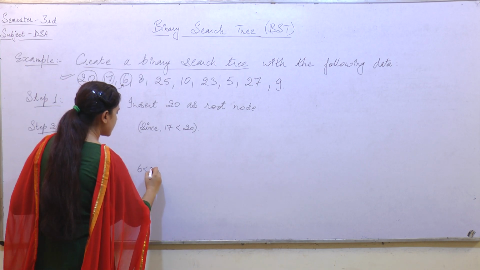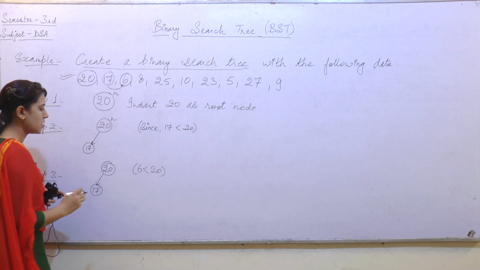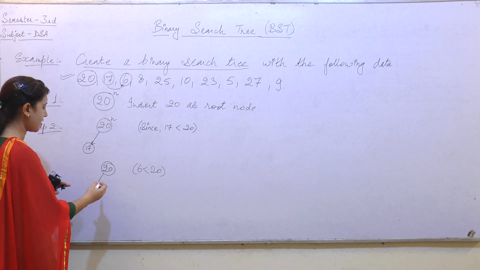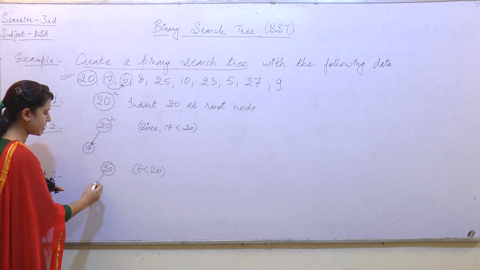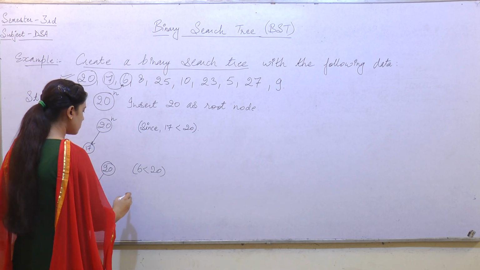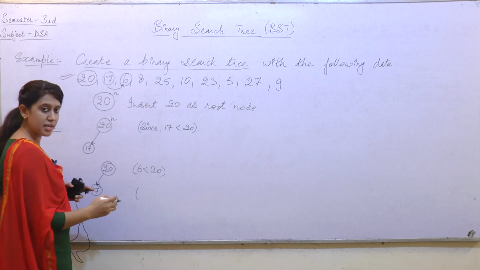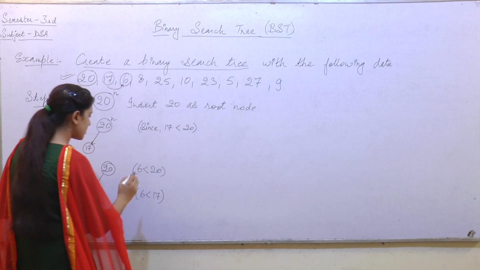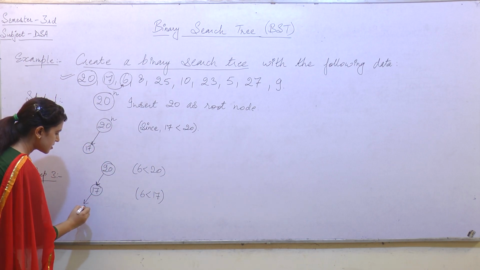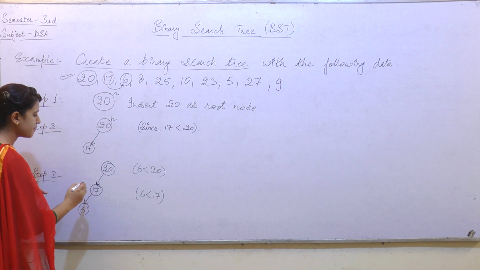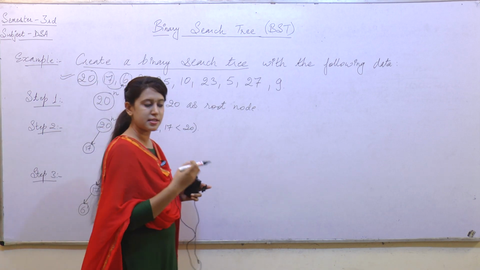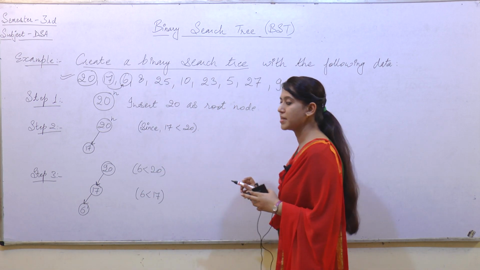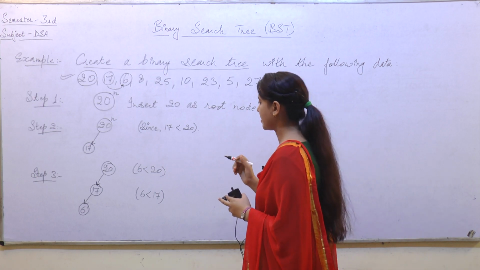Since 6 is less than 20, we move towards the left side of our binary search tree, which contains 17. Now we compare 6 with 17. Since 6 is less than 17, 6 will be inserted on the left side of 17.